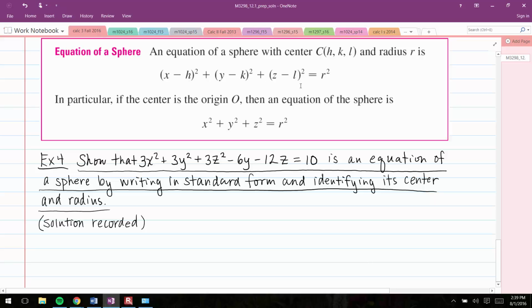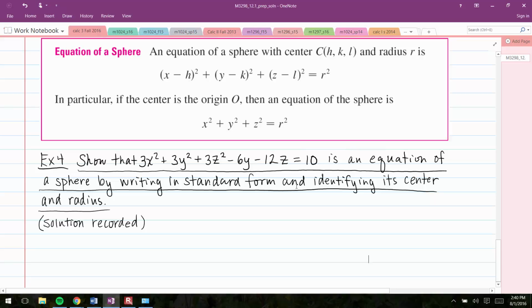h, k, and l are constants, and so is r squared. So once we write it in standard form, we'll be able to easily identify the center and radius. Going back to our equation, notice we have x squared, y squared, z squared terms, and then we also have a y and a z term.